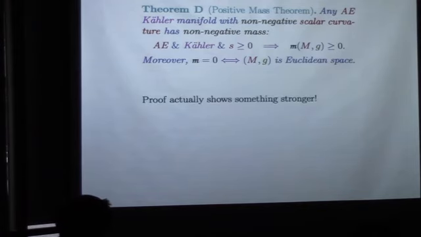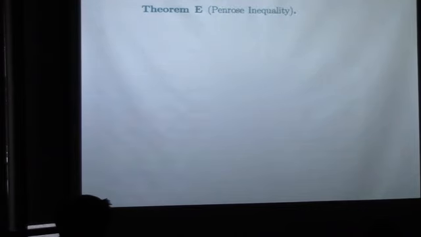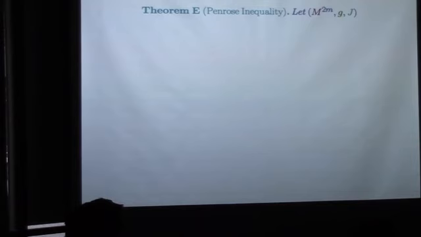But the proof actually shows something stronger. It proves a so-called Penrose-type inequality, which is the following. There's a lower bound for the mass in terms of areas of some minimal submanifolds, specifically complex hypersurfaces.